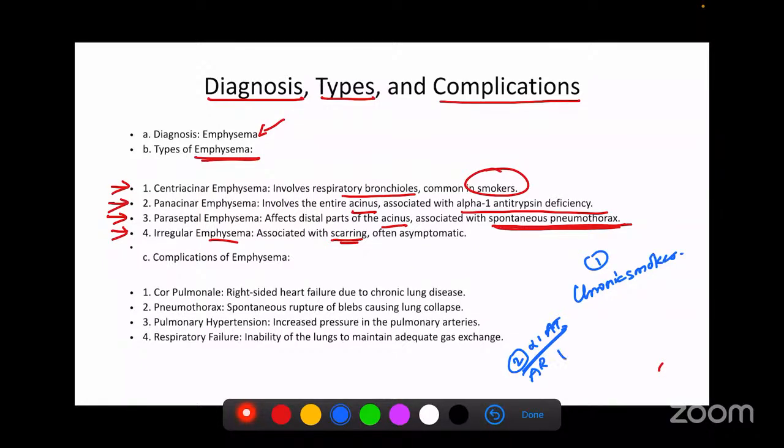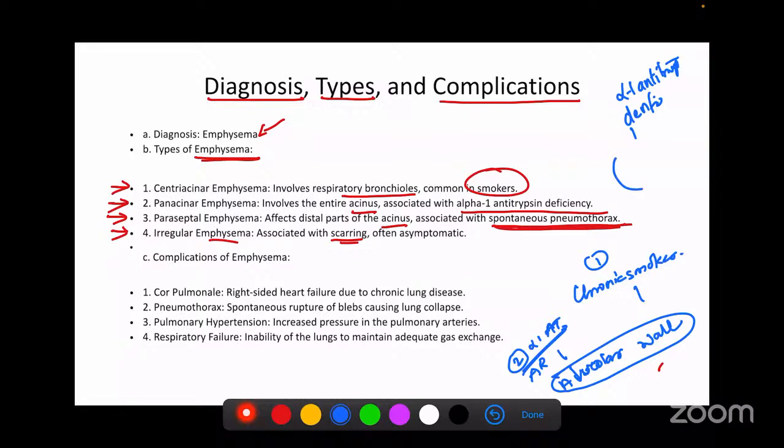So in these two conditions, there is going to be damage, oxidative stress, and damage to the alveolar wall. The alveolar wall has a protease, which holds the alveolus together and gives elasticity to the alveolar wall.